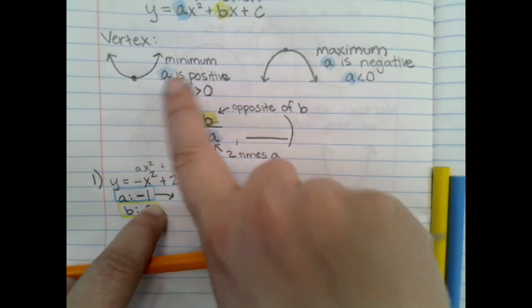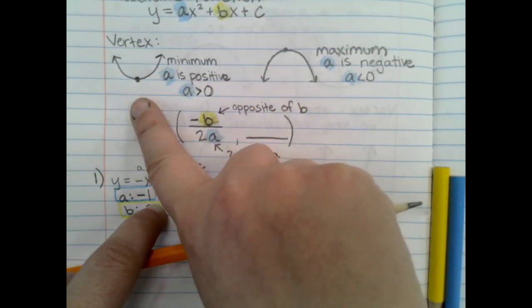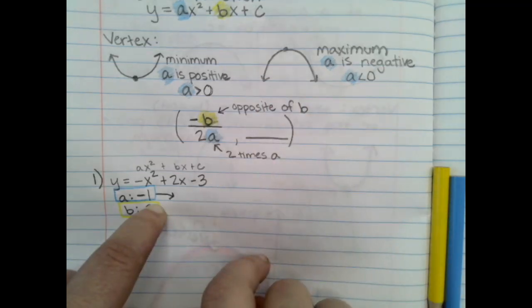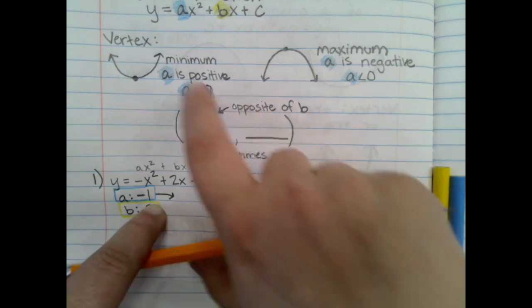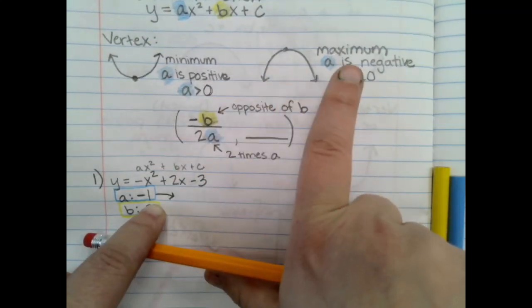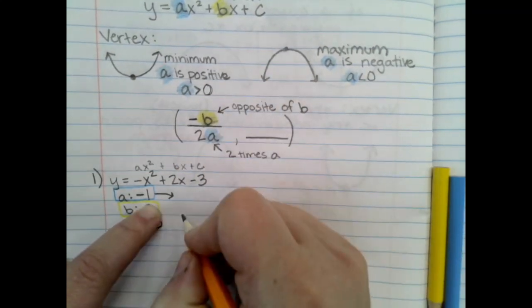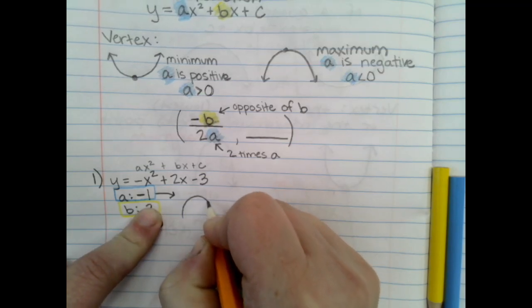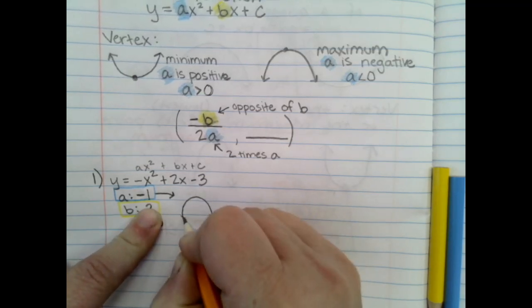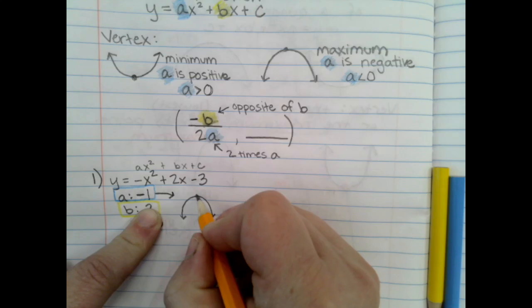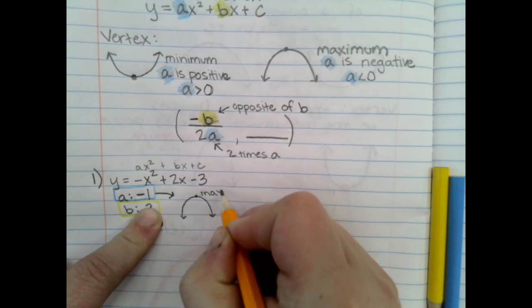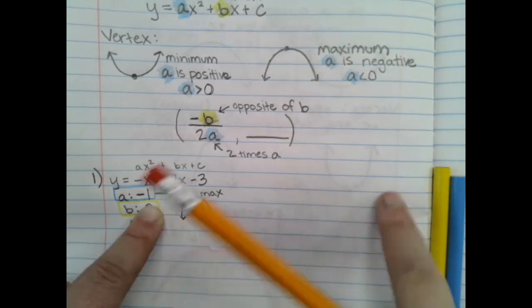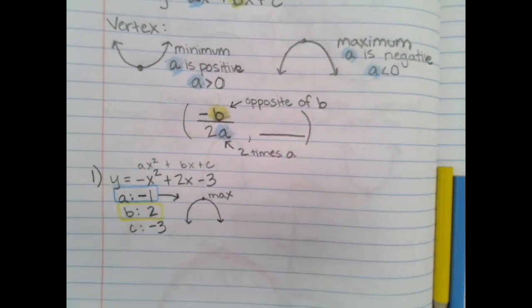What kind of shape will my graph be? It's negative 1, so is it positive or negative? Negative. Good. So it's like a frowny face. If we have a frowny face, is that going to have a minimum or a maximum? Maximum. Good. So that's a good way for us to just double check as we graph that we do have a maximum there.